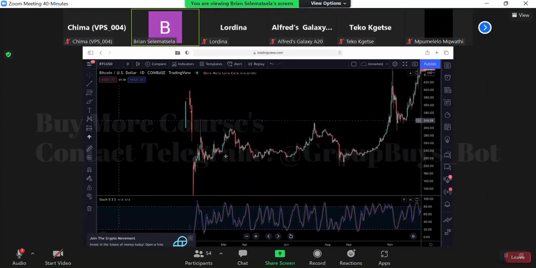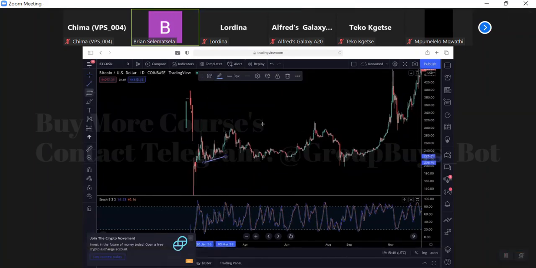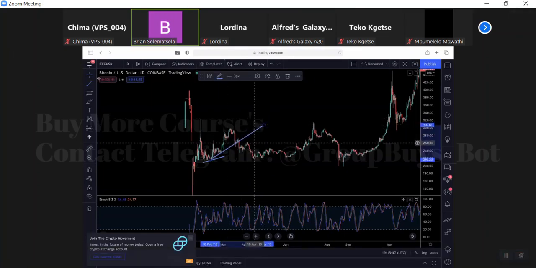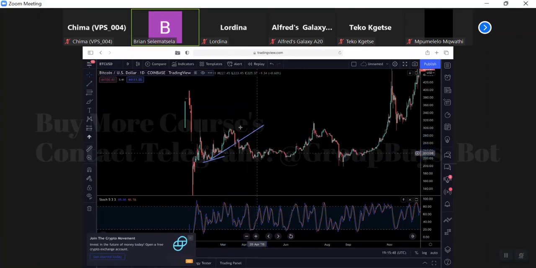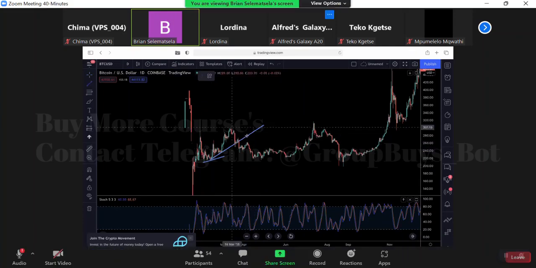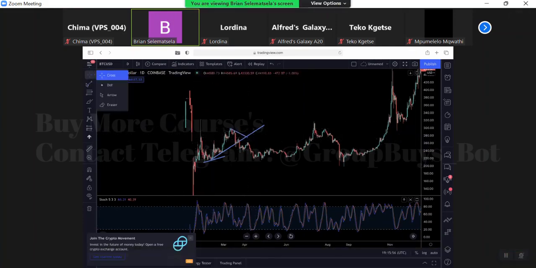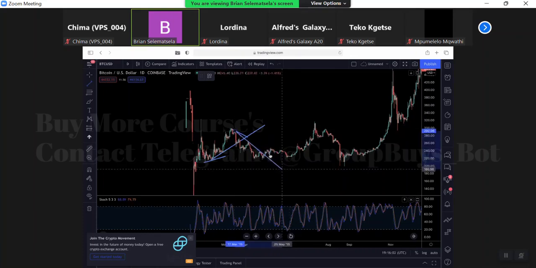It doesn't matter how the chart is. The market is the same anywhere. So you could have had an opportunity to place a sell there. Another one, you can see you had an opportunity to place a buy here.